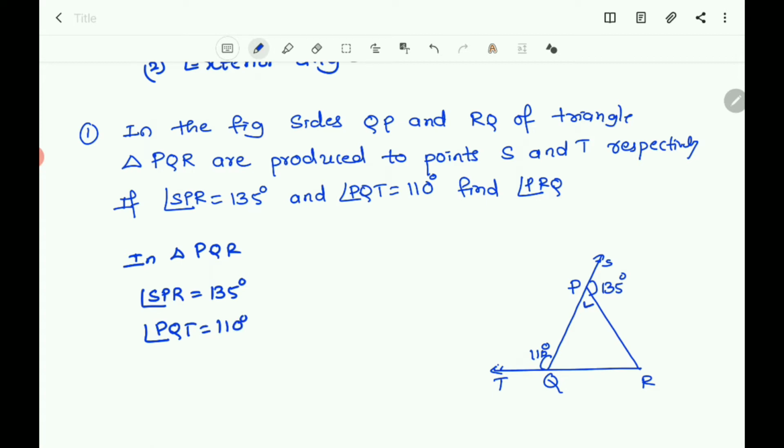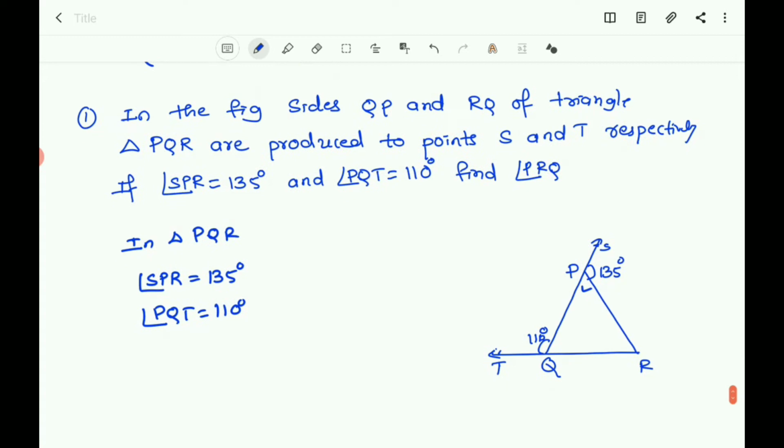Now by using the linear pair, you can get the angle RPQ. You know that the sum of RPQ and RPS is equal to 180 degree as there is a linear pair. So angle RPQ plus angle SPR is equal to 180 degree, that is linear pair here.